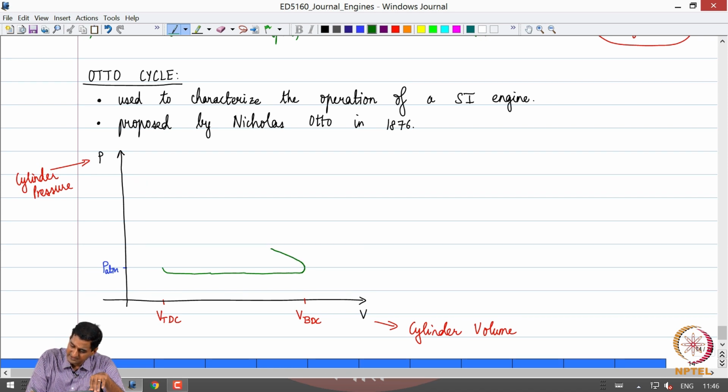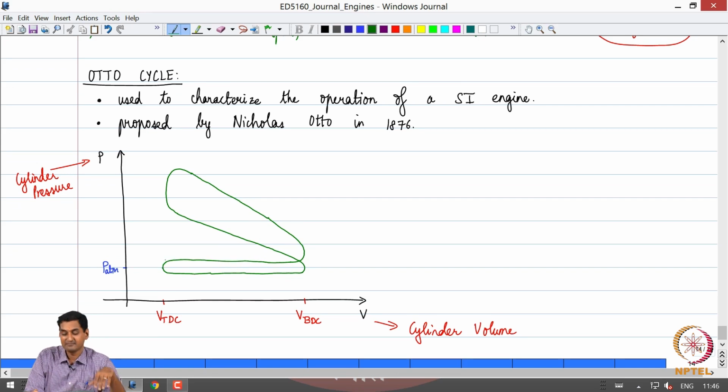So, the pressure is going to increase, and as I come closer and closer to the top dead center, let us say I start the ignition, and then the pressure will increase due to the tremendous amount of heat energy which is released, okay, and then there is an expansion or a power stroke during which the gases are going to push the piston down, and then closer to the bottom dead center I open the exhaust valve, and then the gases are exhausted, and then I come back to the same state.